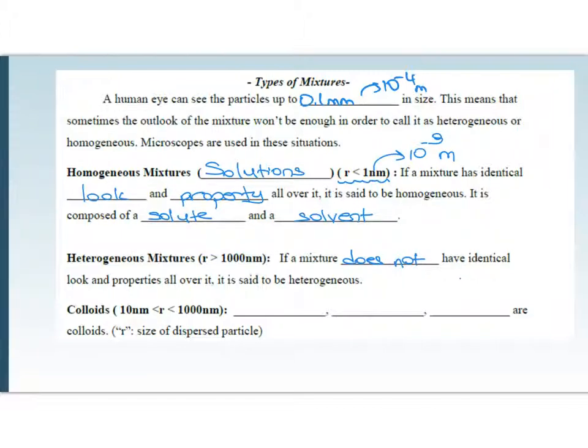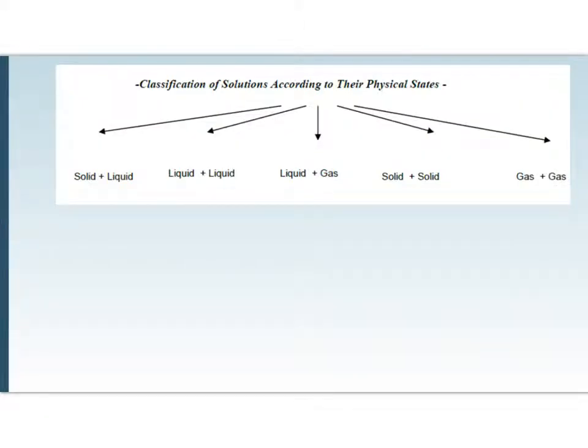You have some other types of mixtures called colloids, like blood, fog, jelly, or dyes. When you look at them, you see them as homogeneous, but when you investigate them under a microscope, you see that they are heterogeneous.